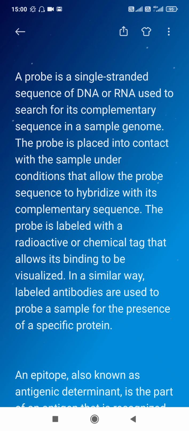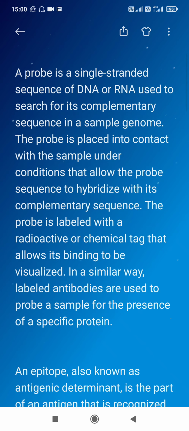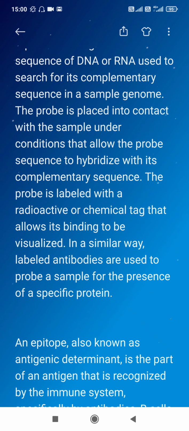Now the probe is placed into contact with the sample under conditions that allow the probe sequence to hybridize with its complementary sequence. The special feature of a probe is that it is often labeled with a radioactive isotope or with a chemical tag, which allows its binding to be visualized. We can visualize the probe, showing that it is there, complementary base paired with the target sequence.